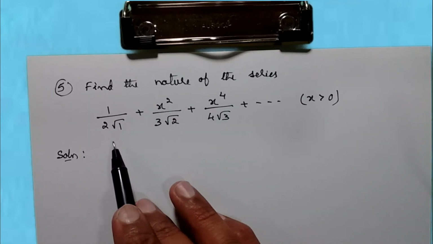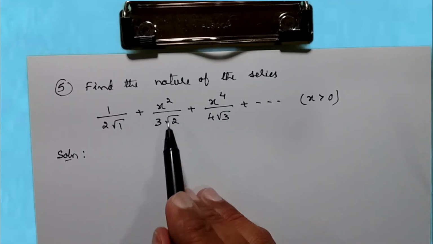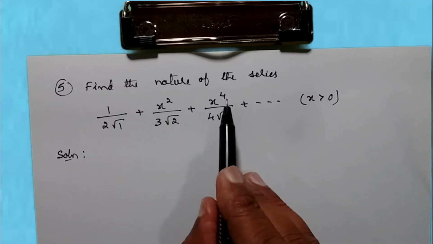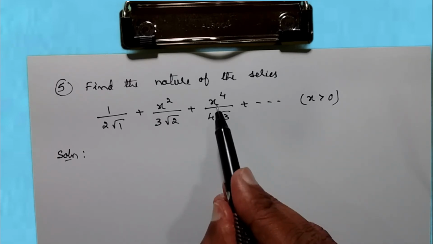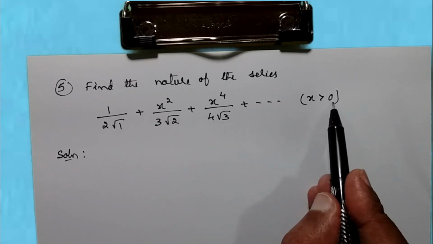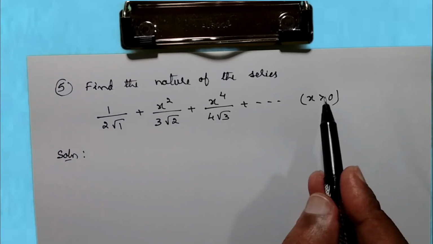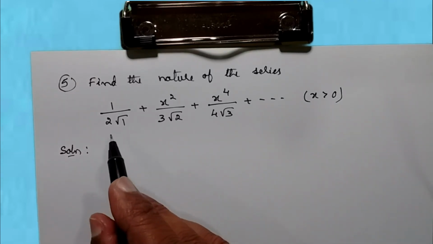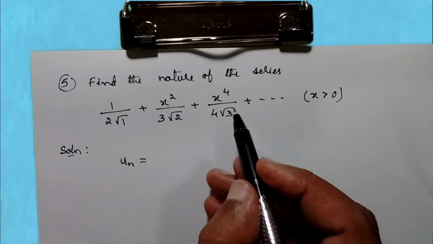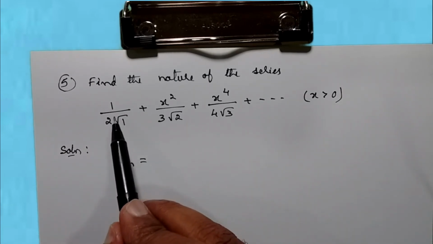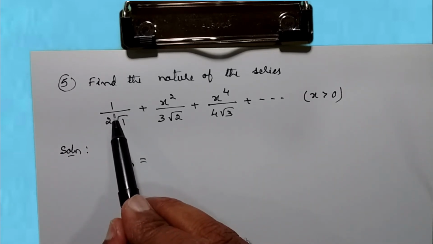Find the nature of the series 1 by 2 root of 1 plus x square by 3 root 2 plus x power of 4 by 4 root 3, and so on. And the value of x that is given over here is greater than 0. It is a positive value. So if that is the case, you need to identify the value of un, how to write down the nth term. We'll start with the first expression over here.